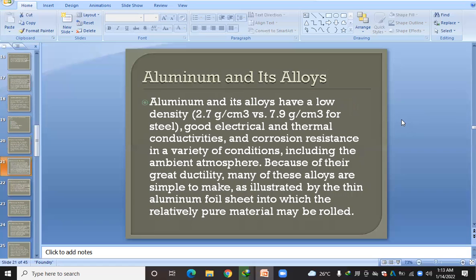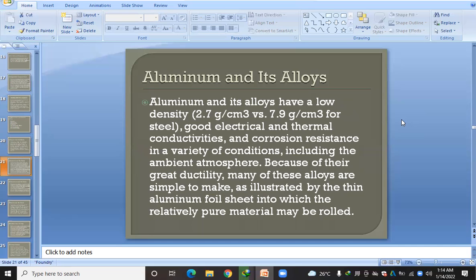Aluminum and its alloys have a low density, 2.7 g/cm³ versus 7.9 g/cm³ for steel. So gamay ra gyud ang density ning aluminum ikumpara sa ferrous alloys nga steel. Good electrical and thermal conductivities and corrosion resistant in a variety of conditions including the ambient atmosphere.